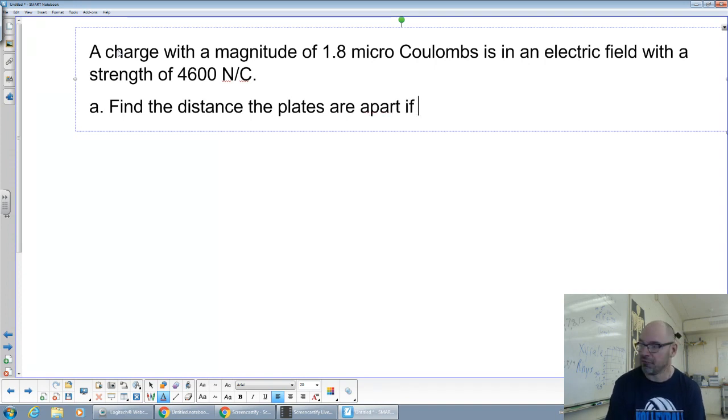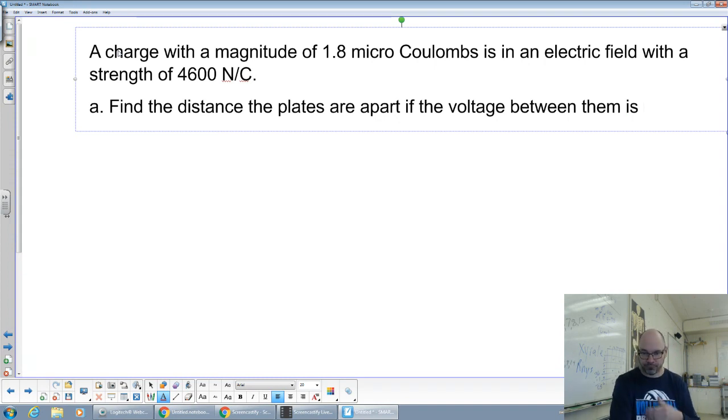If the voltage between them is, let's say, 1,500 volts. Say it's a really high voltage. Well, let's not go that high. Yeah, what the heck, we can go that high. 1,500 volts.